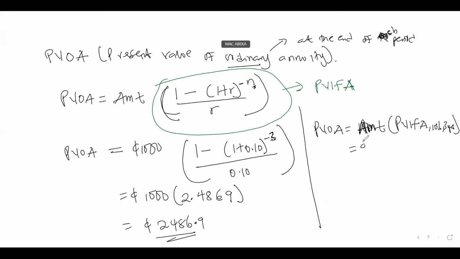So you write your 1,000 times 2.4869. Then you get your final answer. That's all. So you can also read the table. So that is the formula for present value of ordinary annuity.